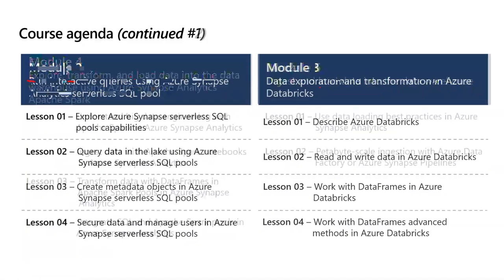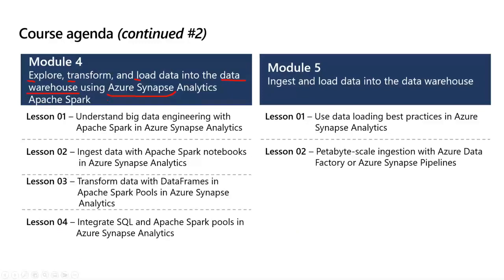ETL process, which is very common within the data engineering world, because what you are going to want to do is building a data warehouse, and Azure Synapse is very good. And actually, Apache Spark is also available within Azure Synapse. All those things within ETL, Azure Synapse, Apache Spark, we're going to see in Module 4.